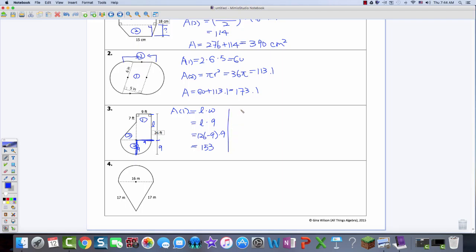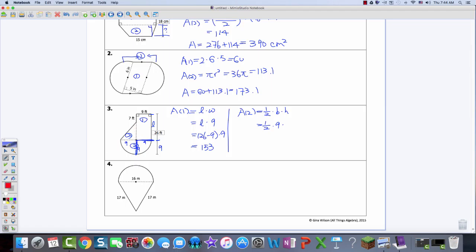Now let's look at my second area, which is this little triangle here. A triangle is half of base times height. Do I have the base? I have the base here, which is the radius, so that's 9. Do I have the height? I don't have the height.